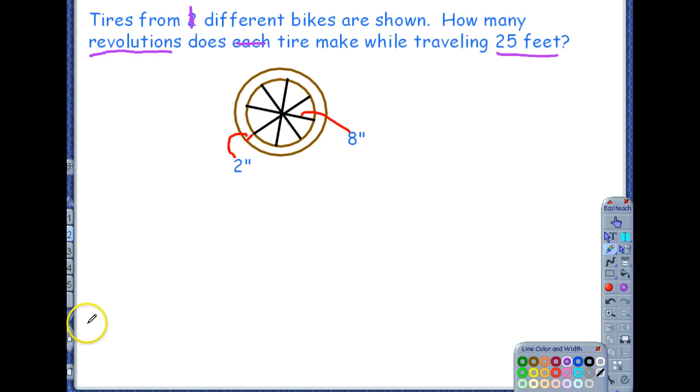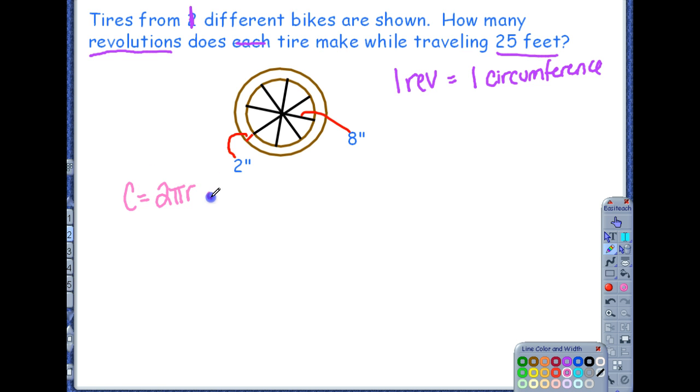So what I'm thinking is that one revolution is just one circumference. So if I could find out how long that tire would go if it made a complete revolution, that would be helpful. So let's find the circumference. To find the circumference, I can use the 2 pi r formula, or pi times diameter.